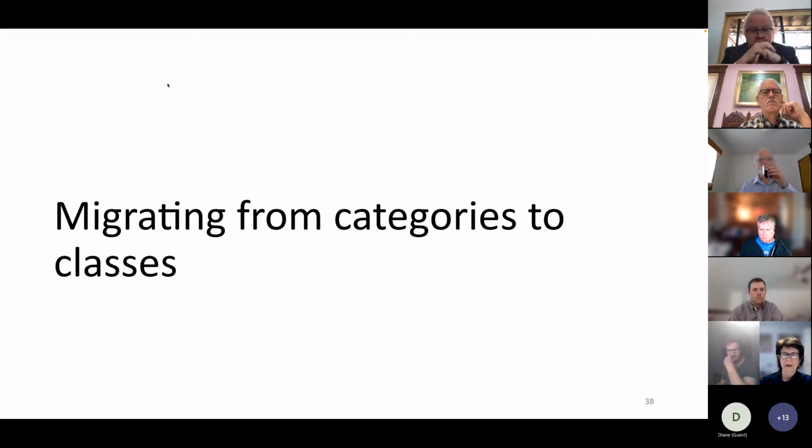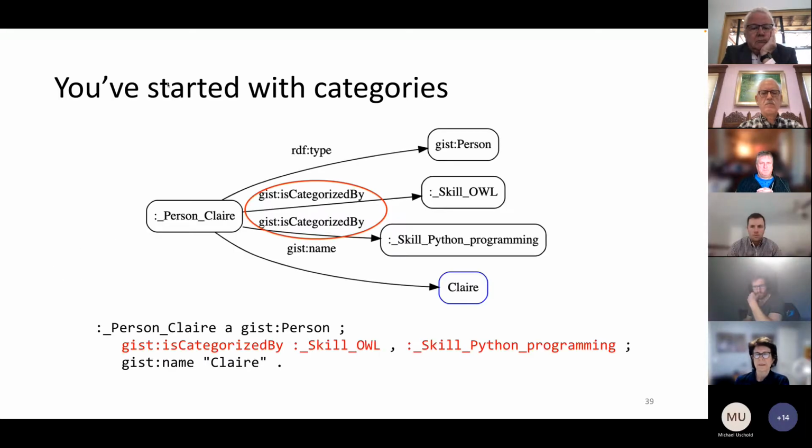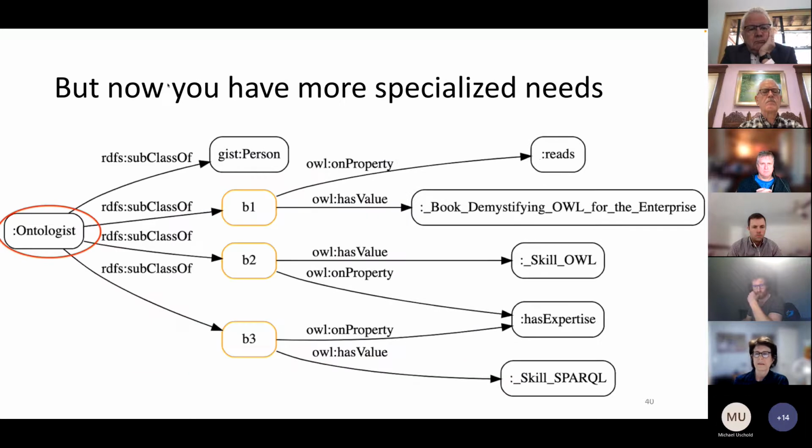Okay. We talked a little about if you've started with categories, because as we recommend, if categories fulfill your current semantic needs, it's probably best to keep things simple with categories, but you may then discover that your semantic requirements have increased and you actually want to convert these to subclasses.